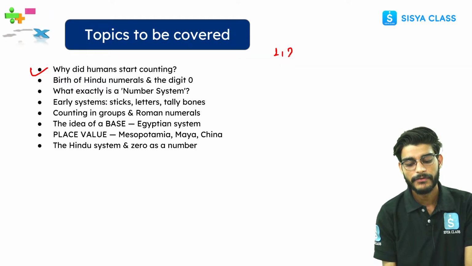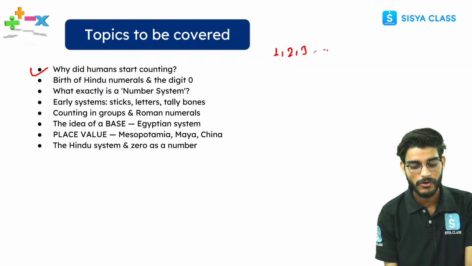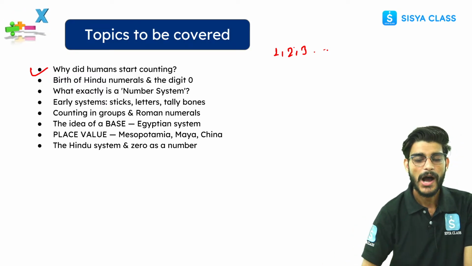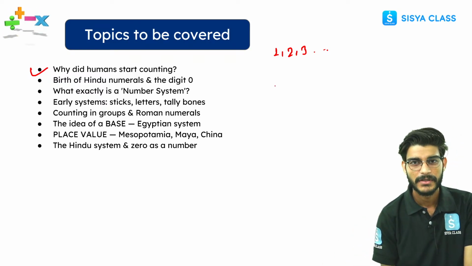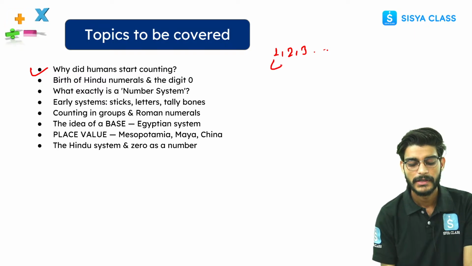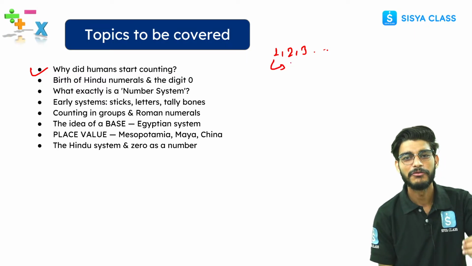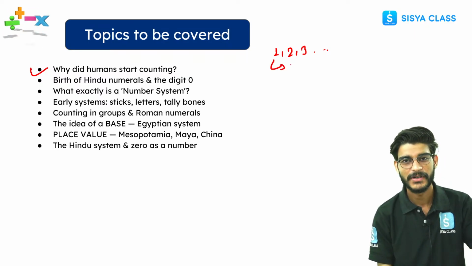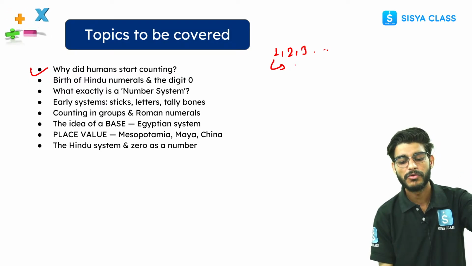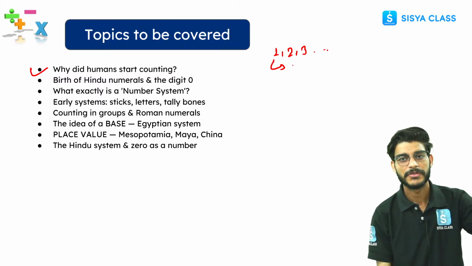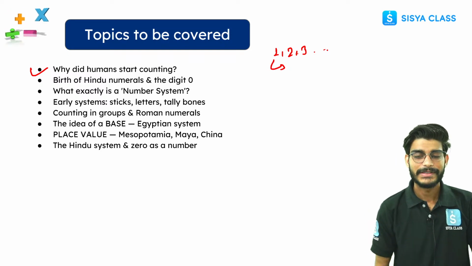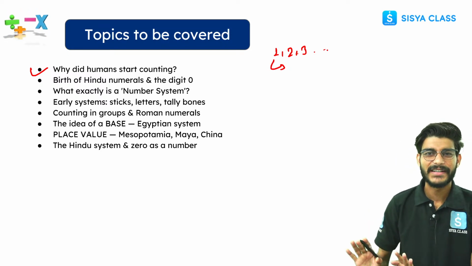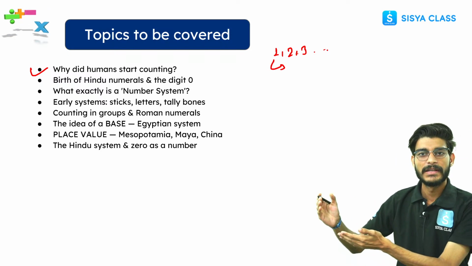If you don't have these numbers, how will you count? You cannot imagine the world without numbers, right? How will you count money? Most important, how will you count the scores of any sport? This is not possible. So this is the motivation. Let's study how all the numbers originated.